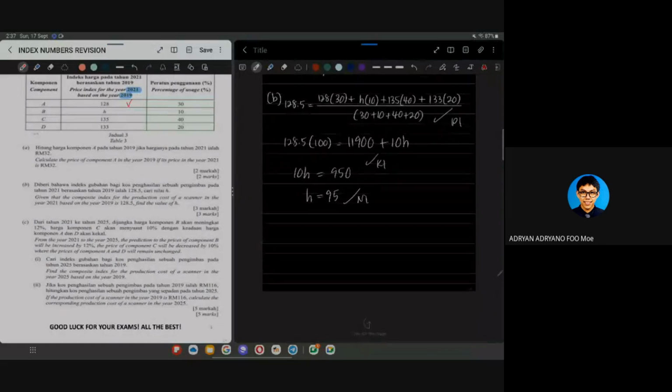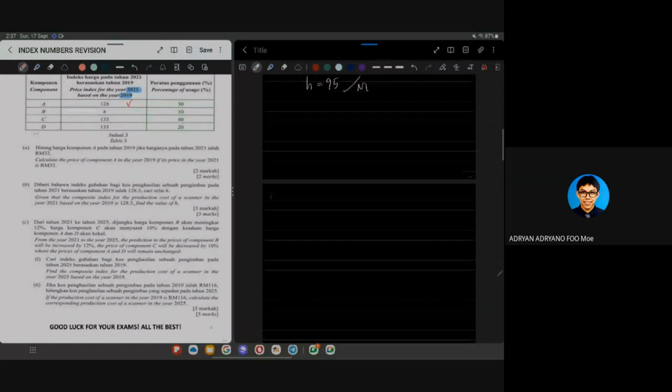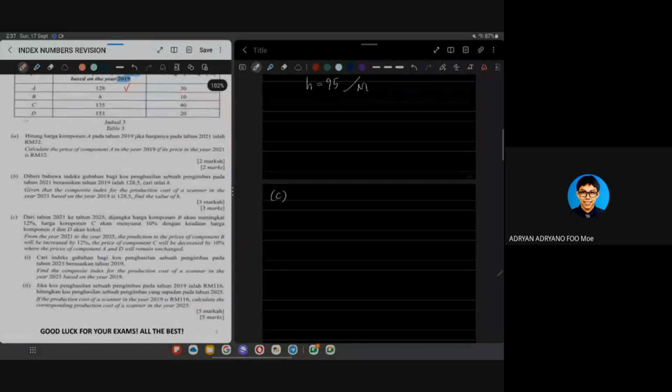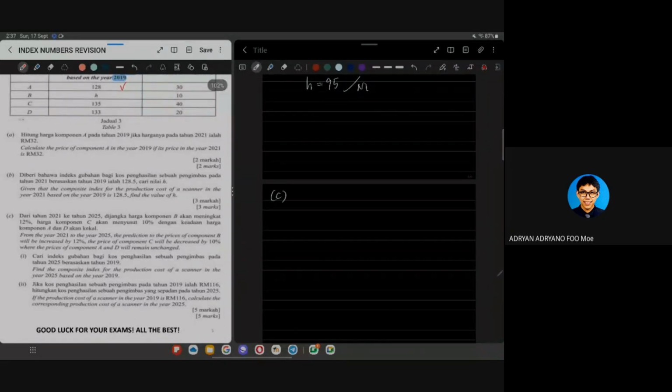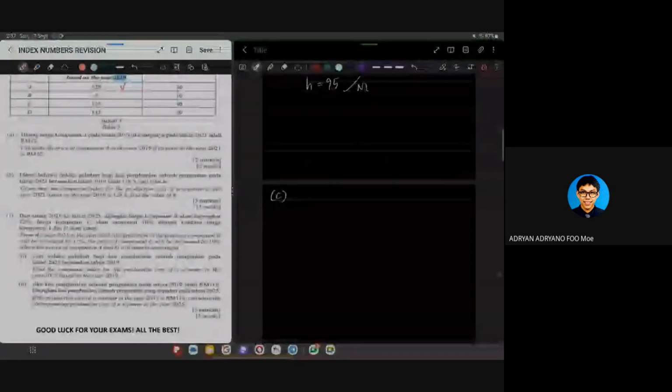Okay, now this is the question that I was telling you about. This is the question that students will confirm make many mistakes on. From year 2021 to 2025, the prices are predicted to increase by 12% for component B and decrease by 10% for C, where the prices of components A and D will remain unchanged.